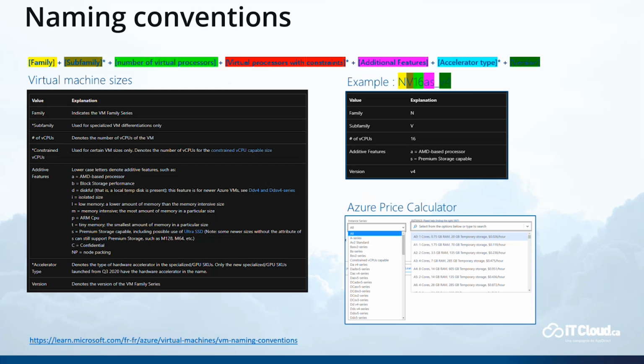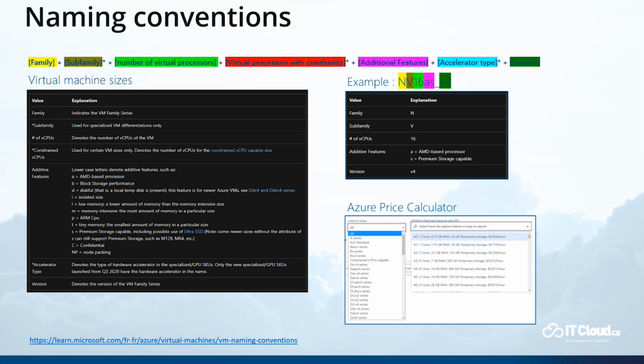But right now, what we need to understand from this particular example: N is the family with the GPU, for example. 16 is the number of CPUs. And this one is particular, AS. Little a means AMD CPU. If there is no letter A, it means this is Intel.